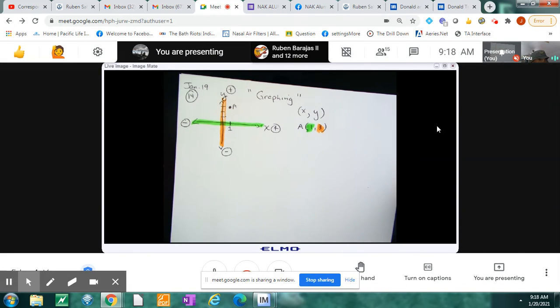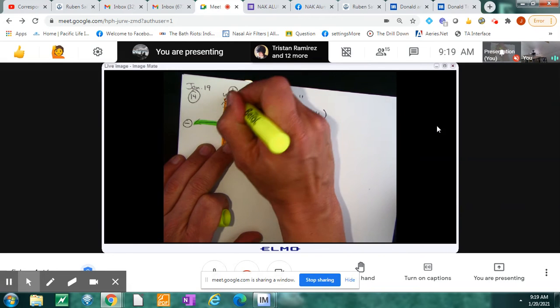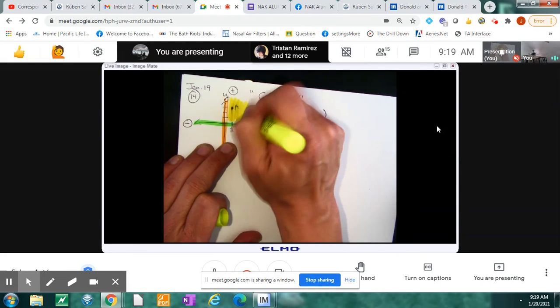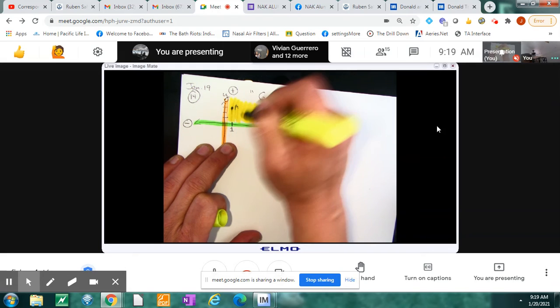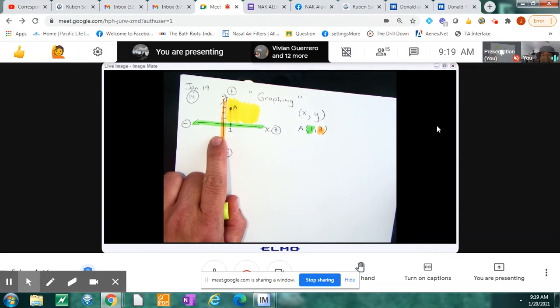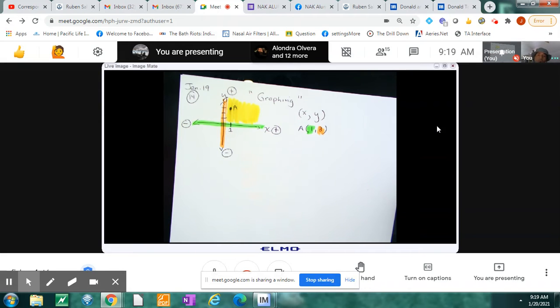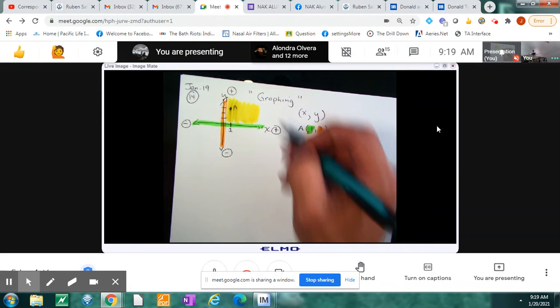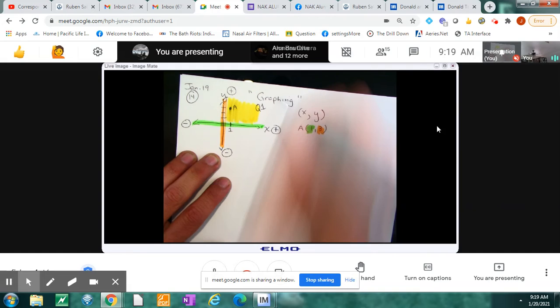That is known as quadrant one, Q1. Anything in the yellow, not on the green, not on the orange, so not on the axis, is quadrant one, Q1.